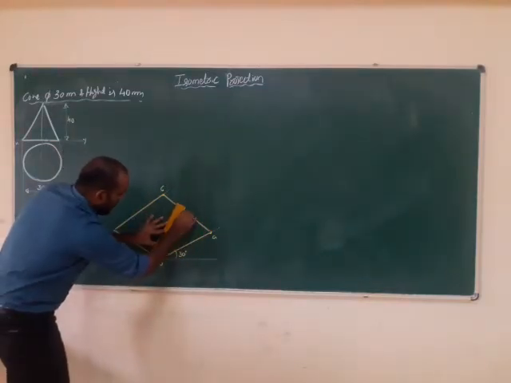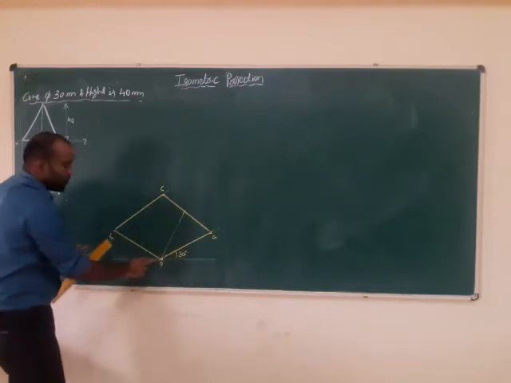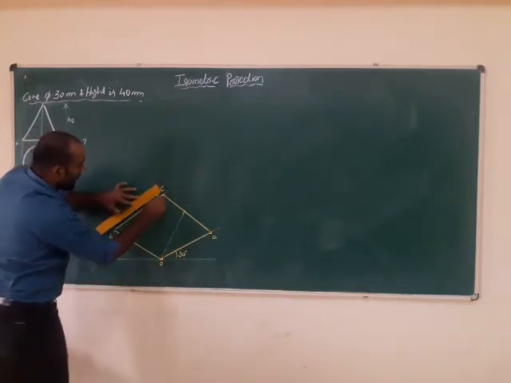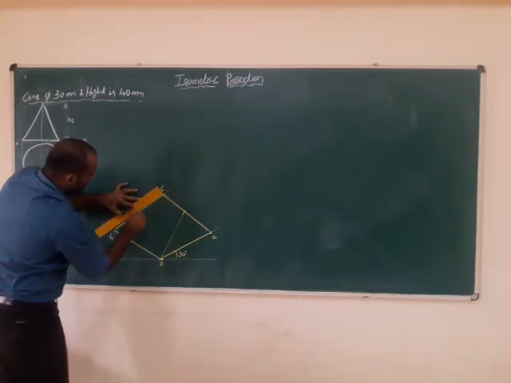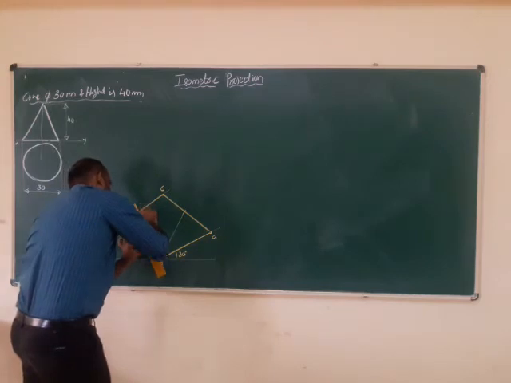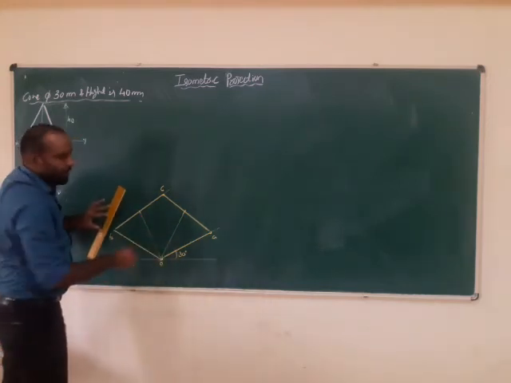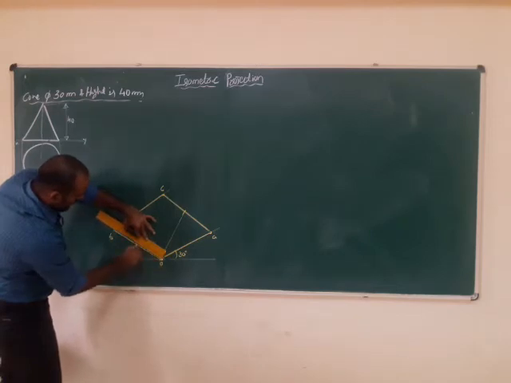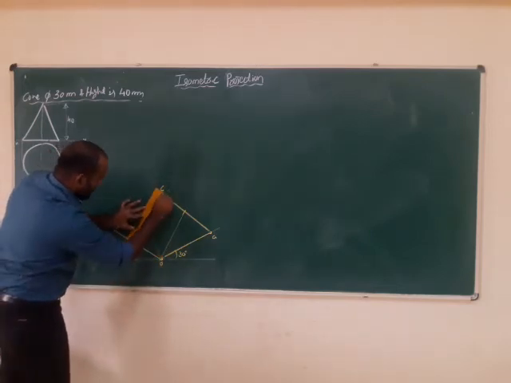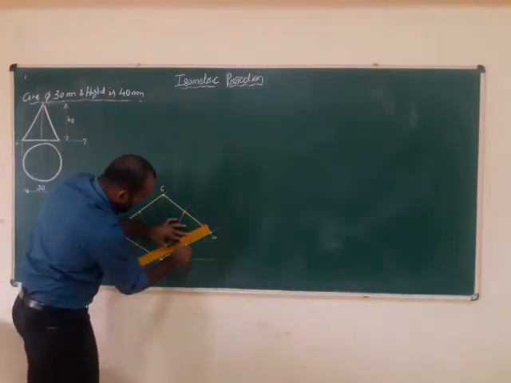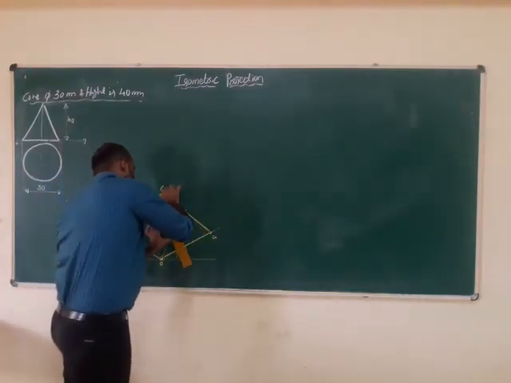You have to draw from the nearest corner. This is 30, 15, draw one thin line. Same for this corner, the opposite line. 30 mm, you have to measure 15. Next, this is 30 mm, measure 15.